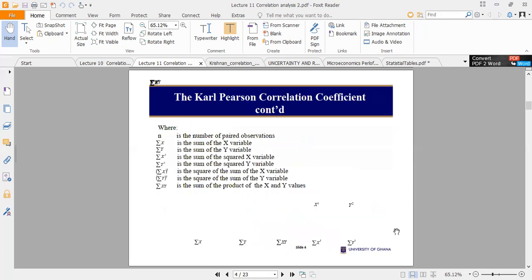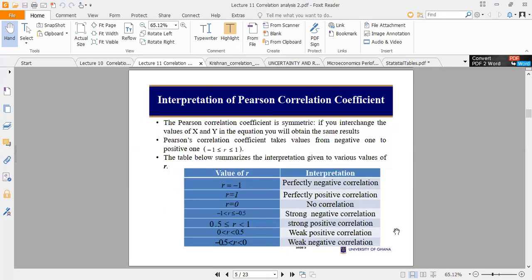The correlation coefficient is always between -1 and 1. You can't have a correlation coefficient of 1.5 or -2. It's from -1 to 1.